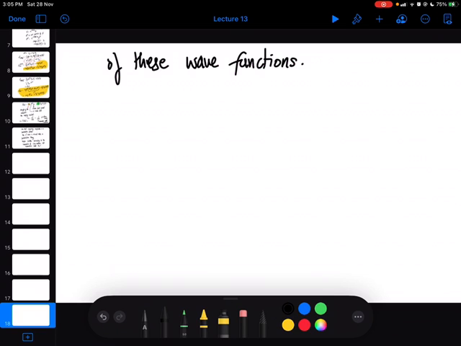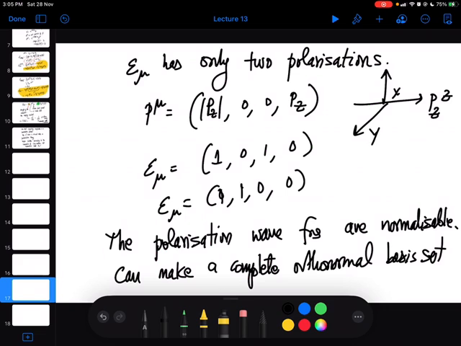So these are important points actually. Just to summarize, we had two conditions. In principle, the photon field has four degrees of freedom.